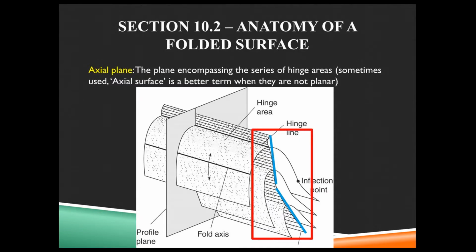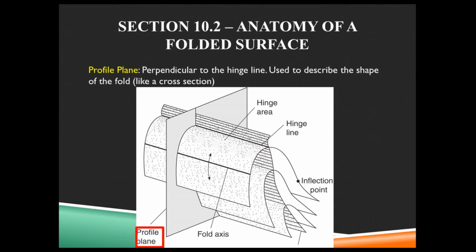Sometimes they are actually straight lines, and then you get an axial plane. If they're not quite straight, which is more common in the real world, then we just keep it an axial surface instead of an axial plane.